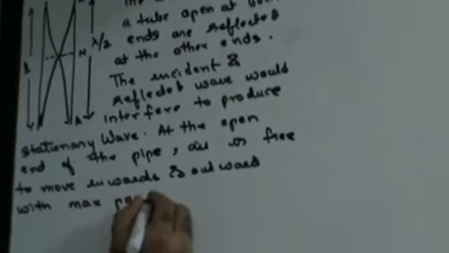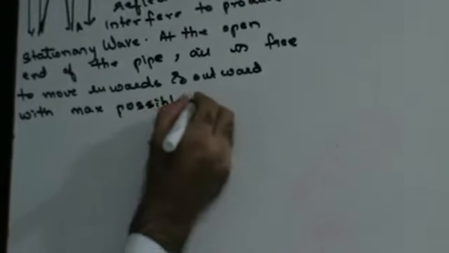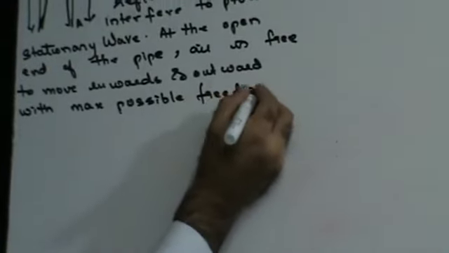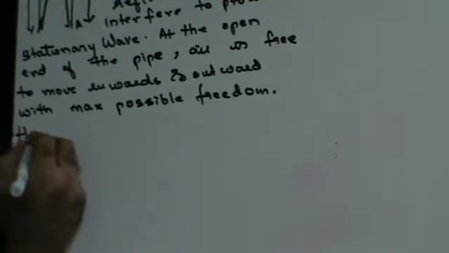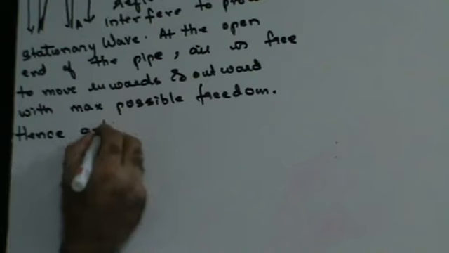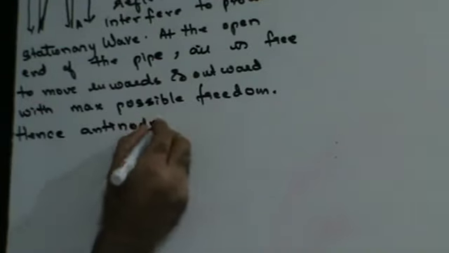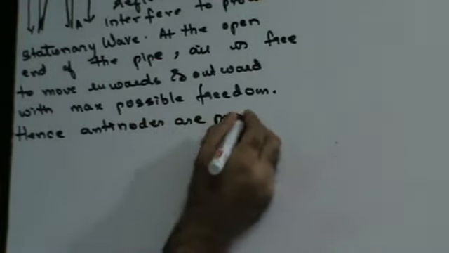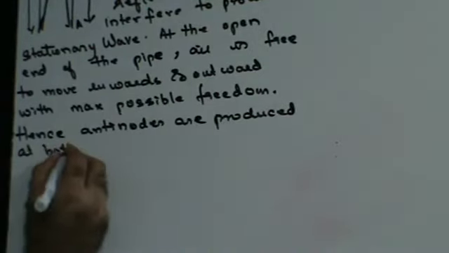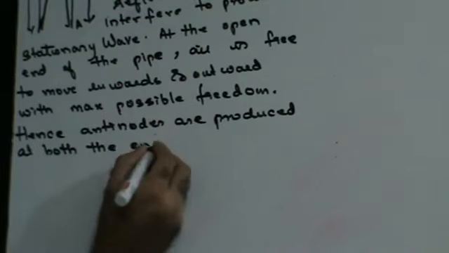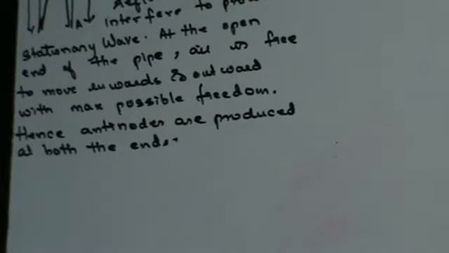So you would have an antinode produced there. Hence, antinodes are produced at both the ends. At both the open ends you would have maximum space for the air to move, and therefore antinodes are produced at both ends.